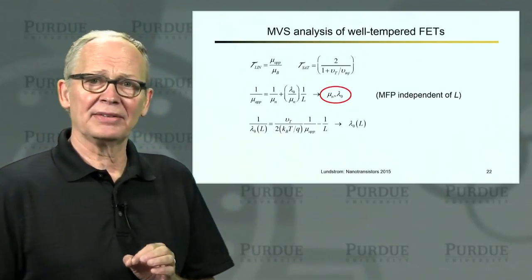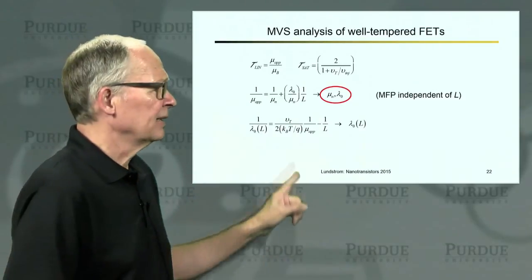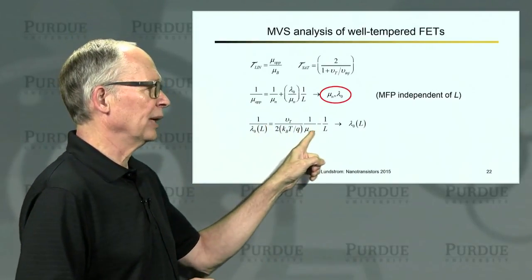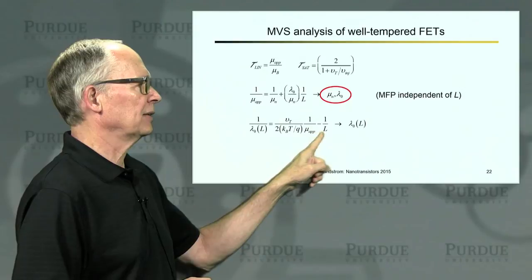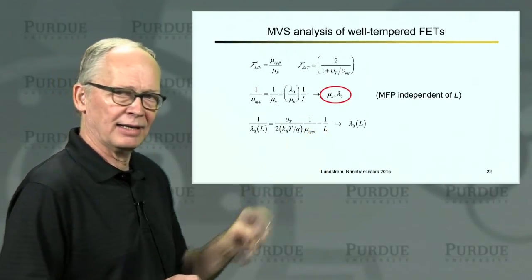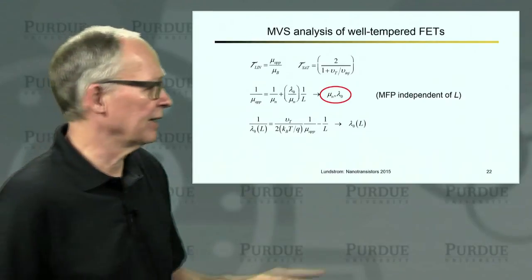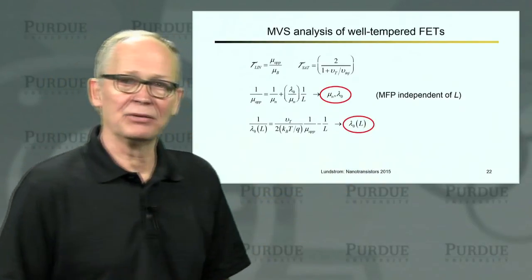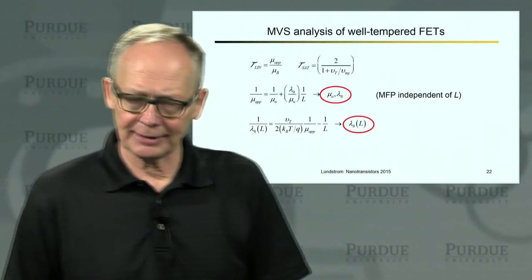If the mean free path is channel length dependent, then we can plot the data in a different way, and for any given channel length, we can extract the mean free path and apparent mobility at that channel length.